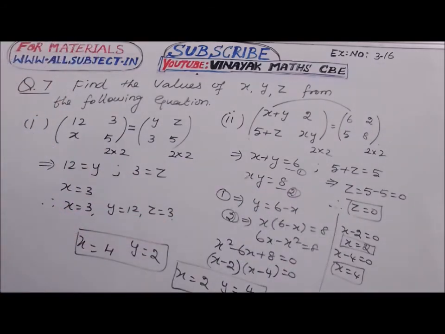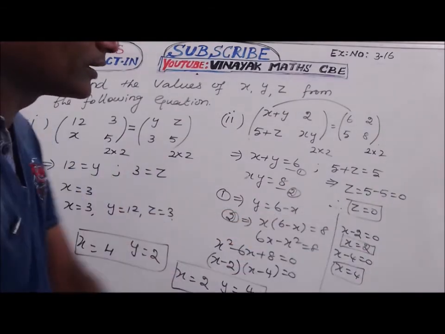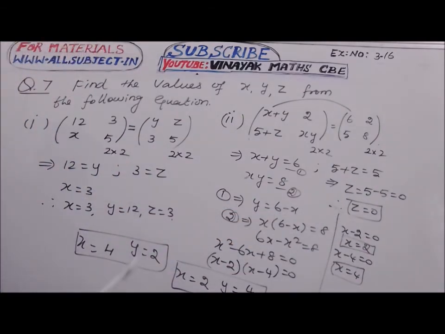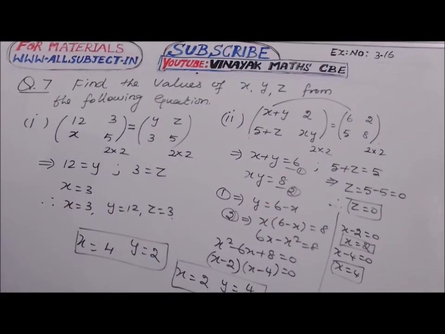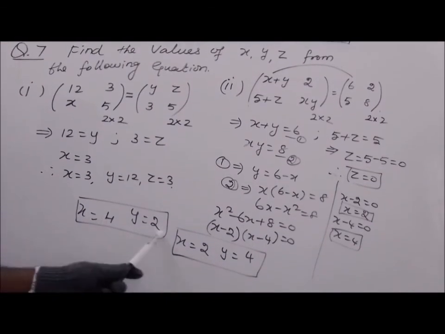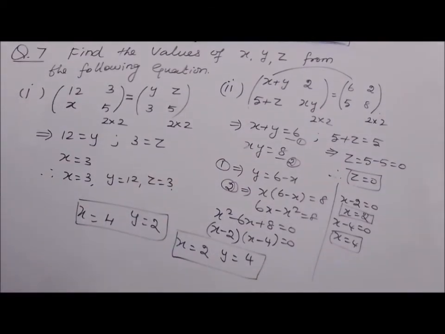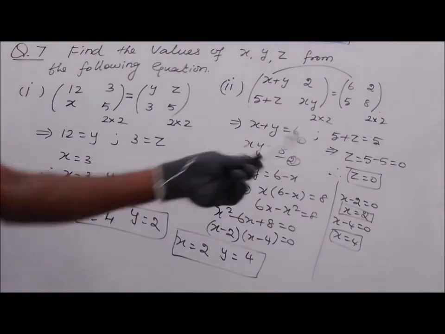There are two sets of values. One is x equal to 4, y equal to 2 and z equal to 0, or x equal to 2, y equal to 4, z equal to 0. There are two sets of values for this second subdivision. One set of values is 420, the other set of values is 240.